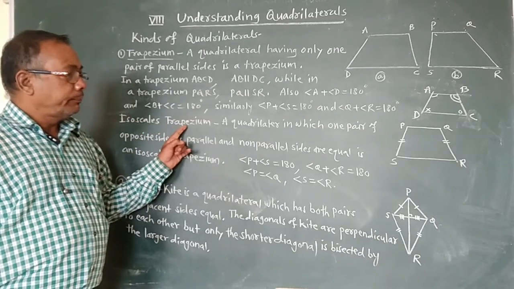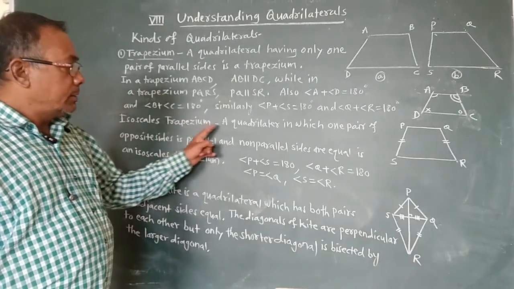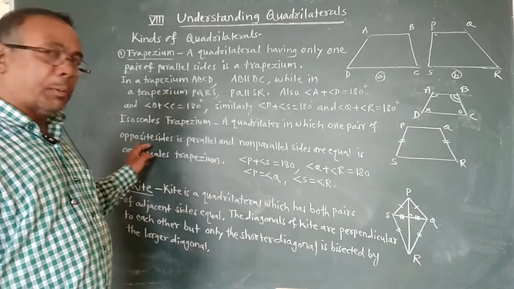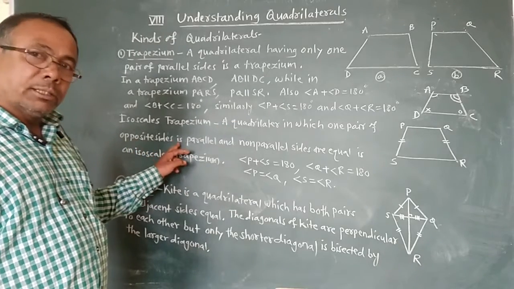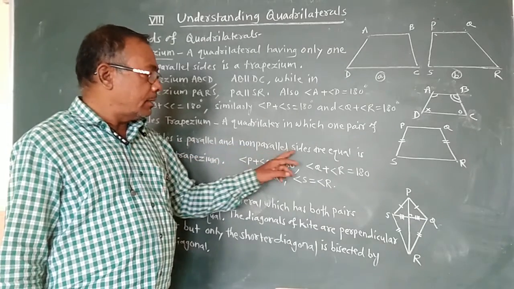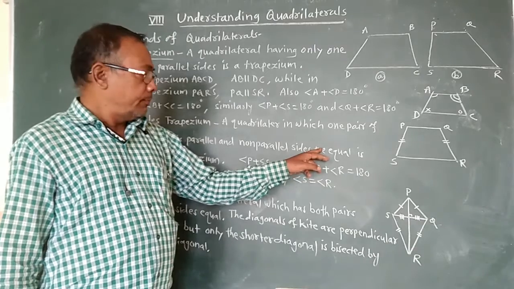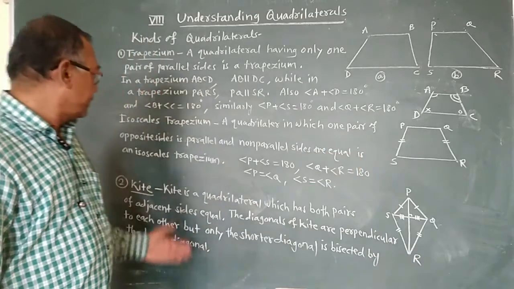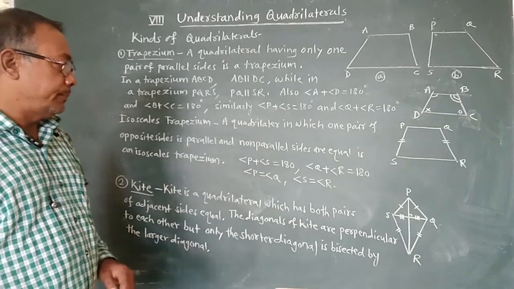Isosceles trapezium means a quadrilateral or a trapezium in which one pair of opposite sides is parallel, while the non-parallel sides are equal, and such a type of trapezium is known as an isosceles trapezium.